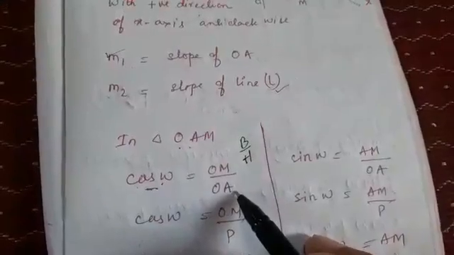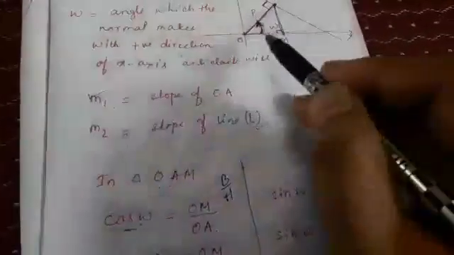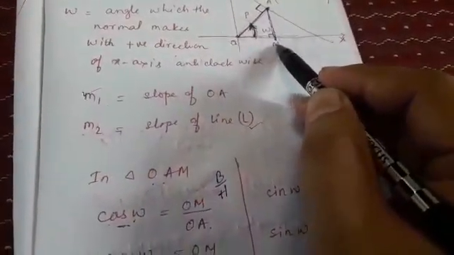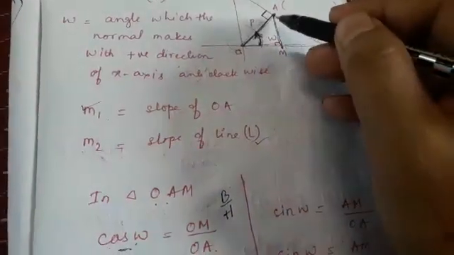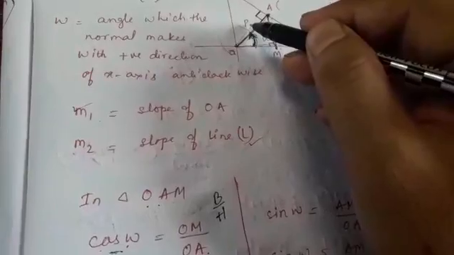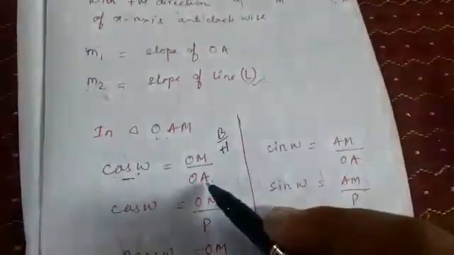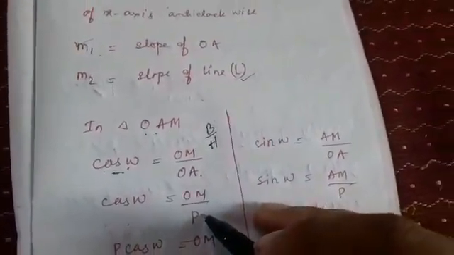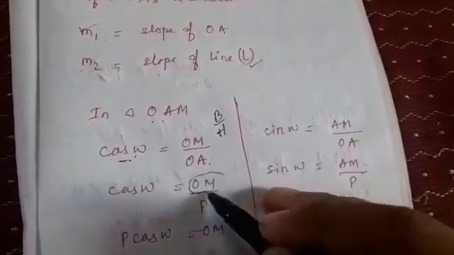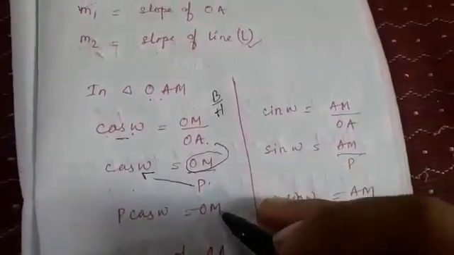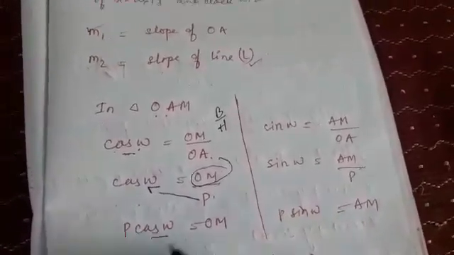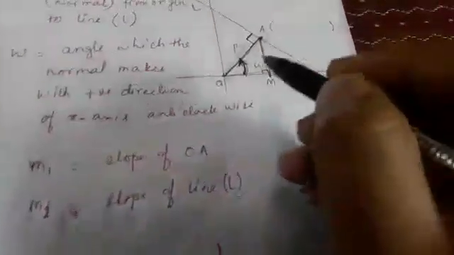I hope it's very clear. So cos omega equals OM by OA. OA is the perpendicular, which is P. So in place of OA we can place P. What will be your OM? If you do cross multiplication, your OM will be P cos omega. So we got our OM.